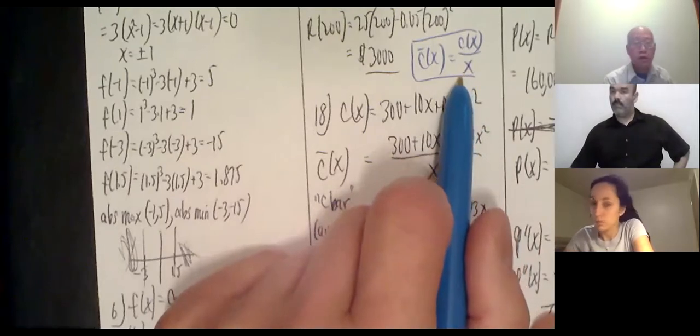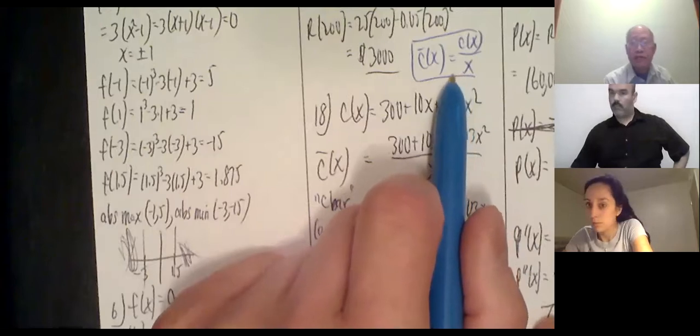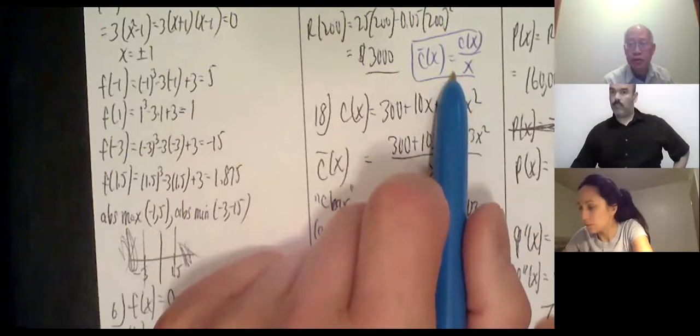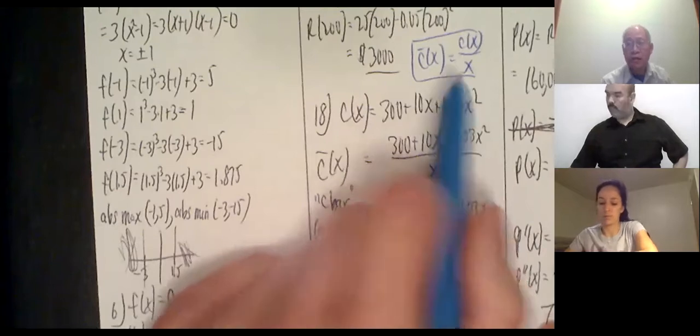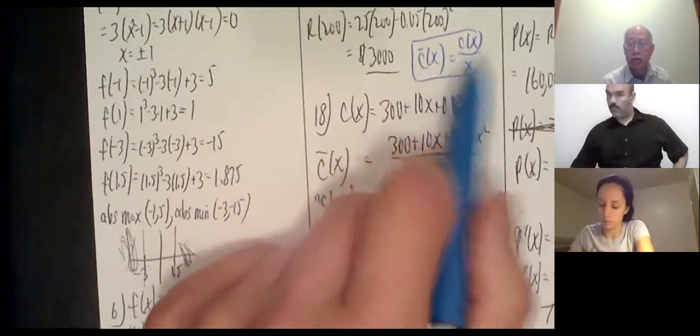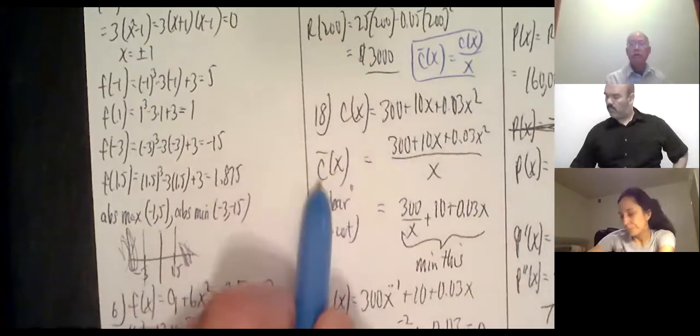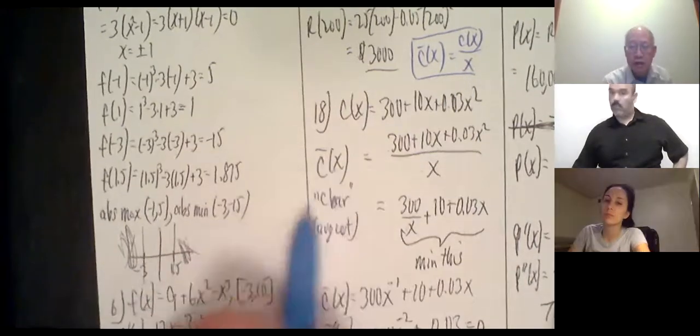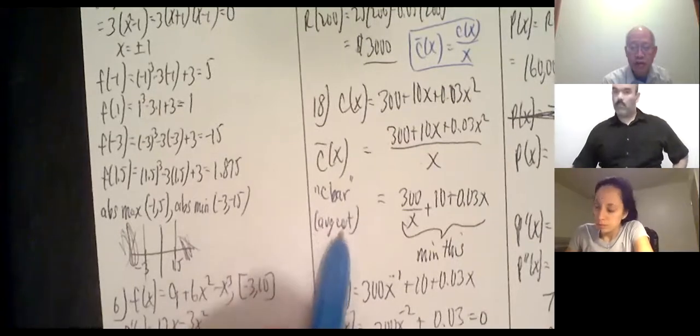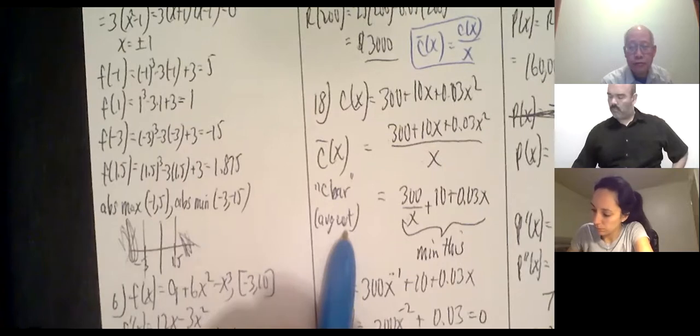If you take 5 tests, what's the average of your tests? Well, you add them up and divide by 5. So what's the average cost? The total cost divided by how many you had. So we will call it C bar. You put a bar on top. C bar stands for average cost.